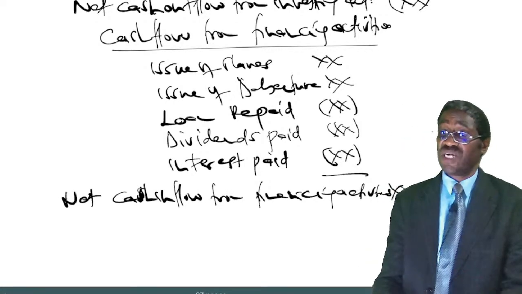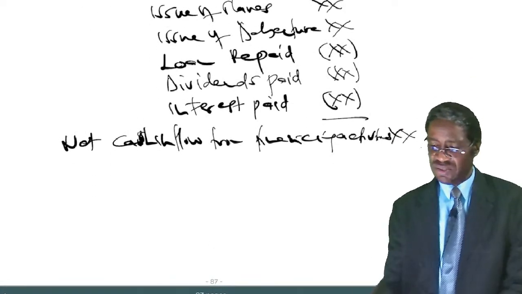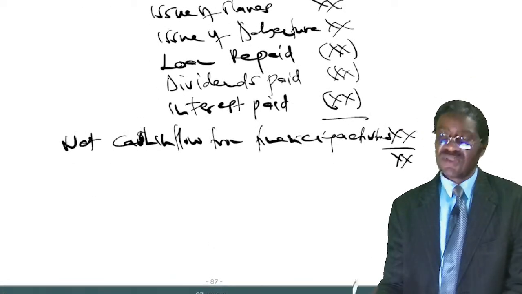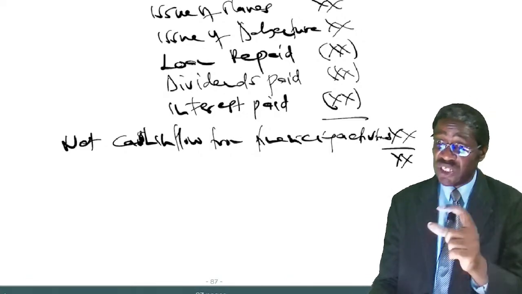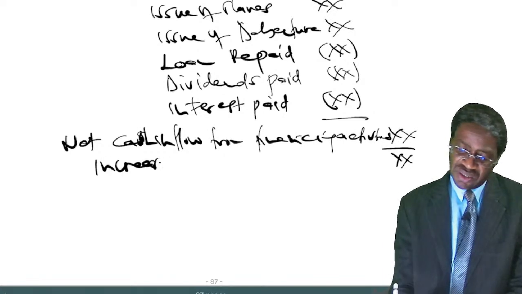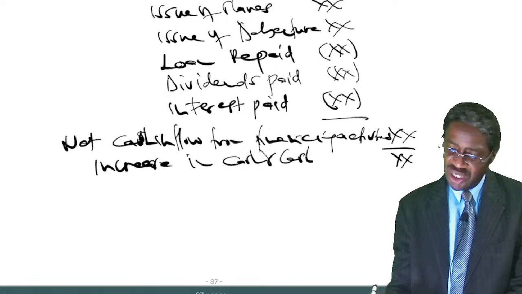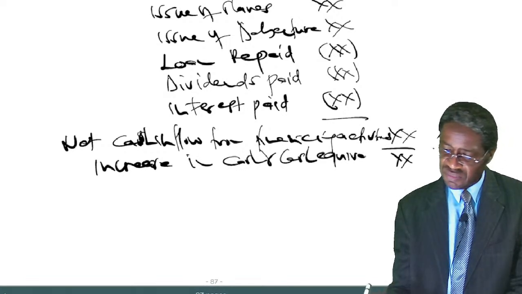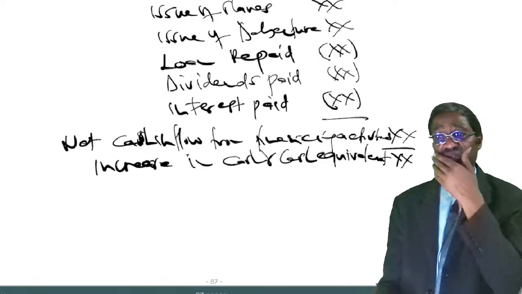Once you have the three categories now, what did I say? Get the totals of the three. I am assuming you have a positive amount. I called it increase in cash and cash equivalent. Increase in cash and cash equivalent.